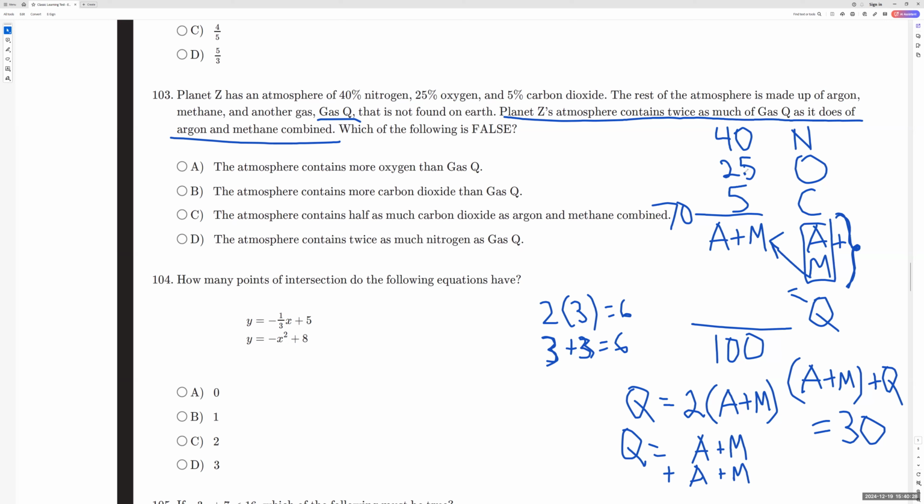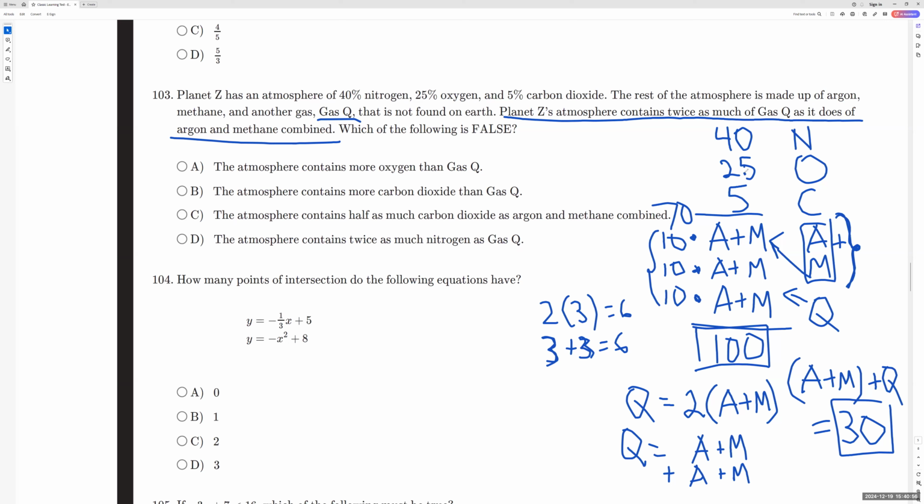Q is twice A plus M. So this is the same as this, is the same as that, and it adds up to 30. So that means that A and M together is 10, right? 10 plus 10 is 30, and then 70 and 30 is 100. Okay, so now I have my amounts.